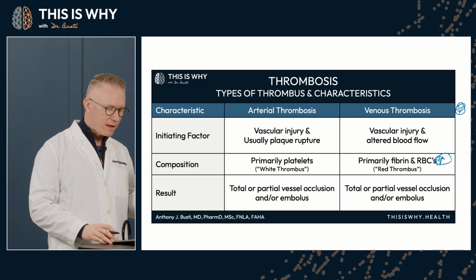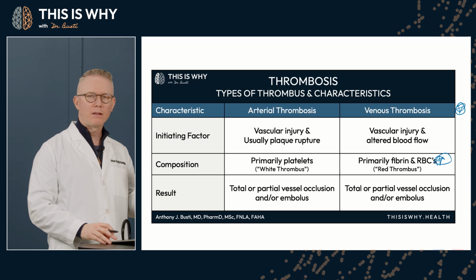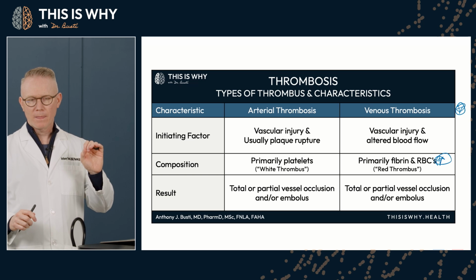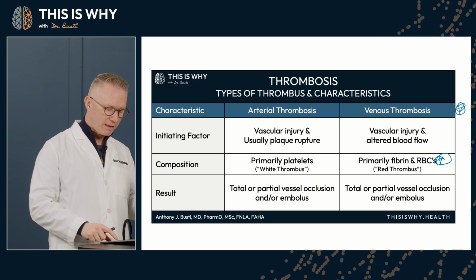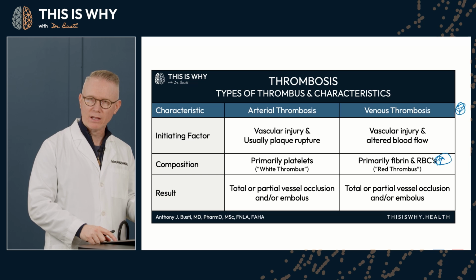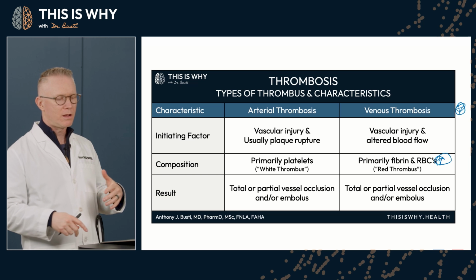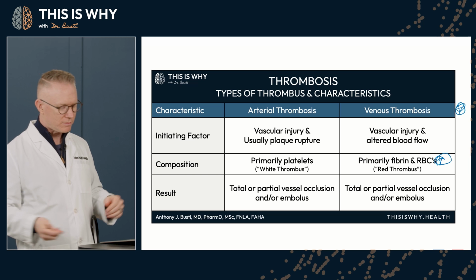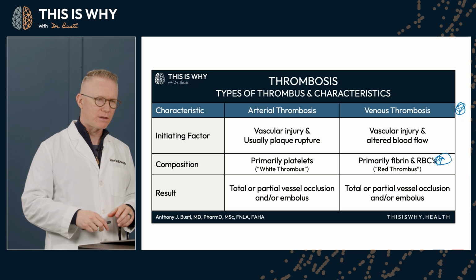Not only, there are also going to be platelets in there. It's just not the main thing. So can antiplatelet drugs work on venous thrombotic events? Sure. They're just not as effective, okay?